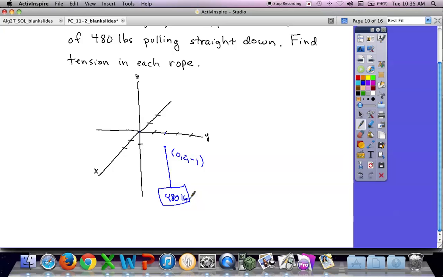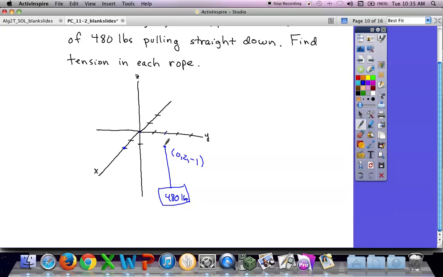Okay. Now, there's 3 ropes that are pulling up. The first one starts at 0, 2, -1, and it goes to the point 2, 0, 0. Where do I find 2, 0, 0? 2 in the X direction. And just like that, right?